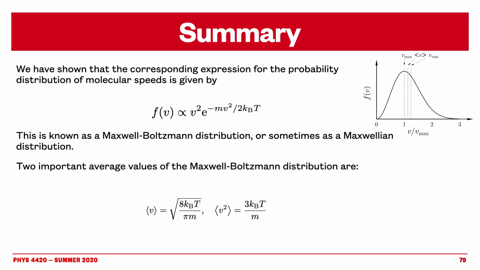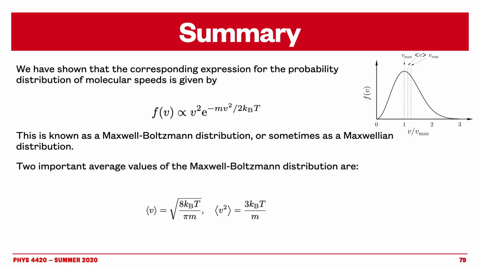So this concludes this screencast with a summary. The summary is pretty straightforward. We have studied the Maxwell-Boltzmann distribution, which provides the probability density of finding a molecule of gas within a certain speed range. And we've studied also the expectation value of V squared and the expectation value of V. And again, don't be confused here: the expectation value of V is not 0 because we no longer have a symmetric distribution.